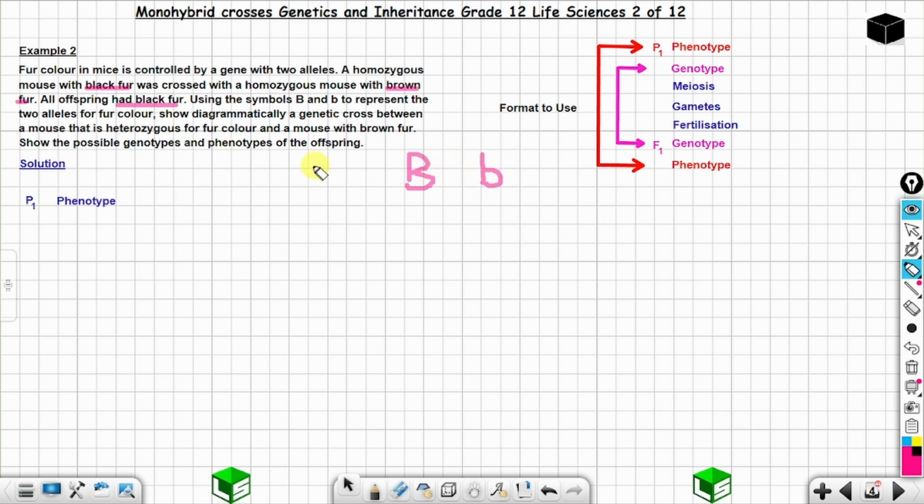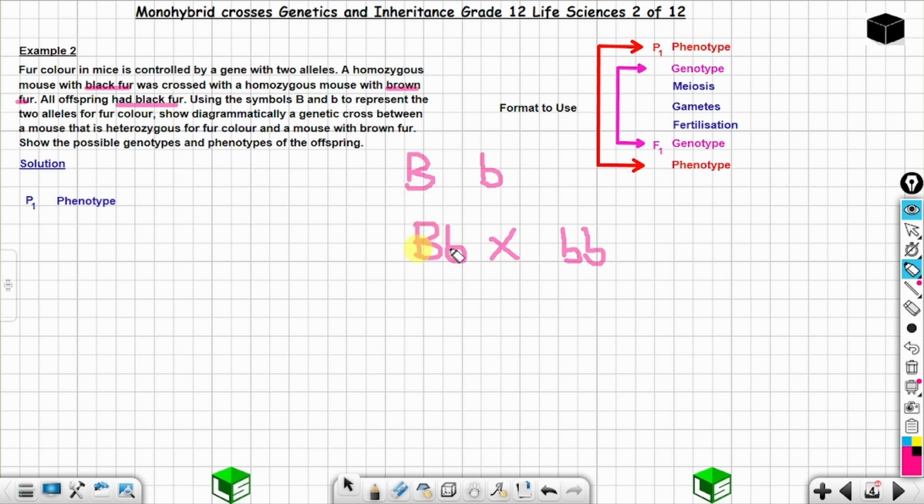Now the question starts from here. Show diagrammatically a genetic cross between a mouse that is heterozygous for fur color, and a mouse with brown fur. So you cross with a mouse with brown fur. You must have two recessive alleles, okay? So this is brown.